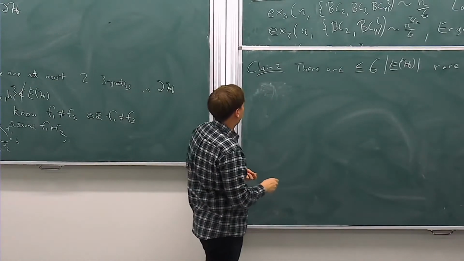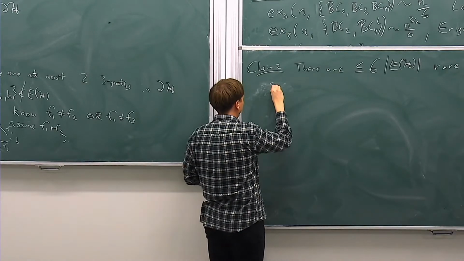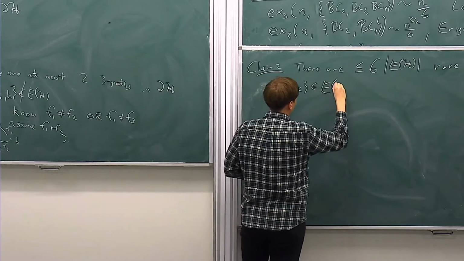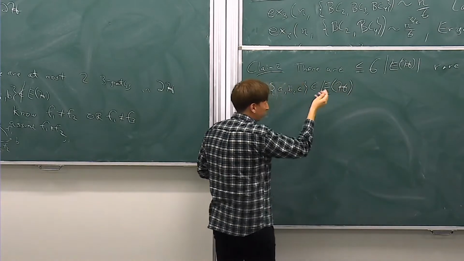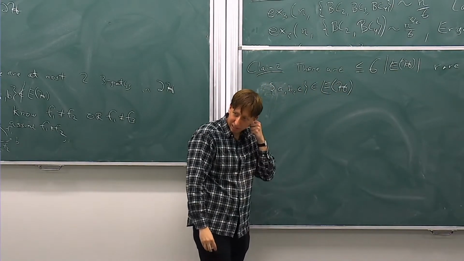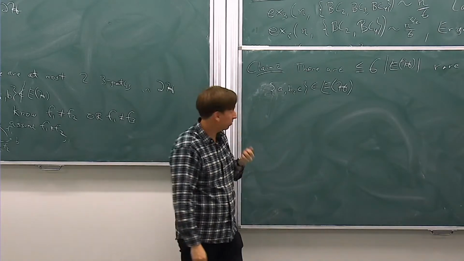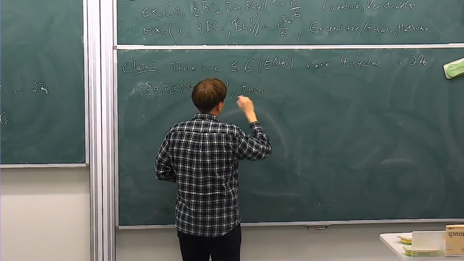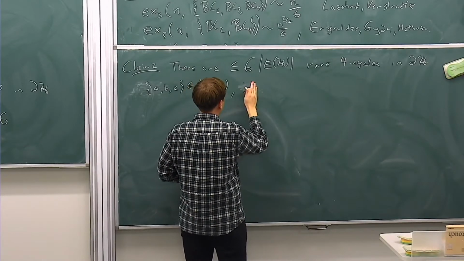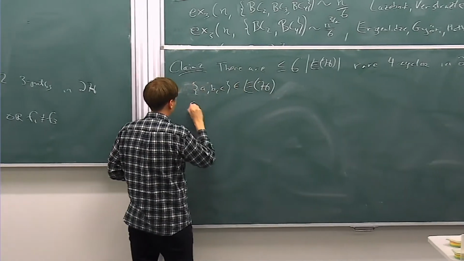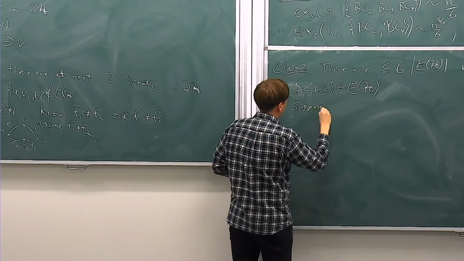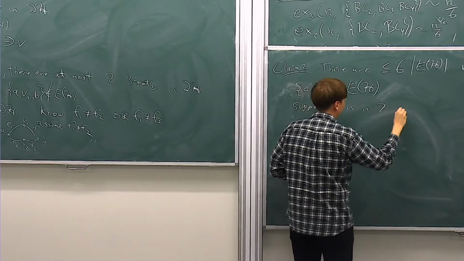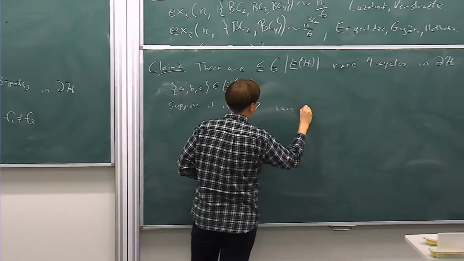So we take some hyperedge, say A, B, C. This claim will be done if we can show that this can't be in too many rare 4 cycles. So suppose it is in 7 rare 4 cycles.